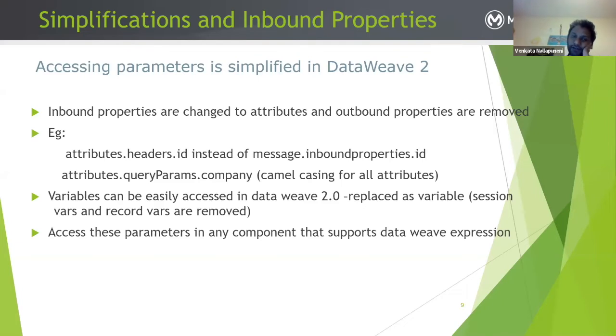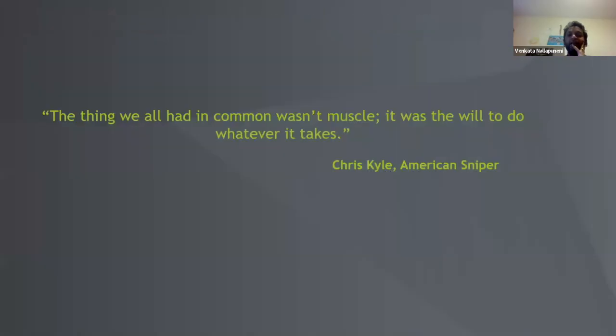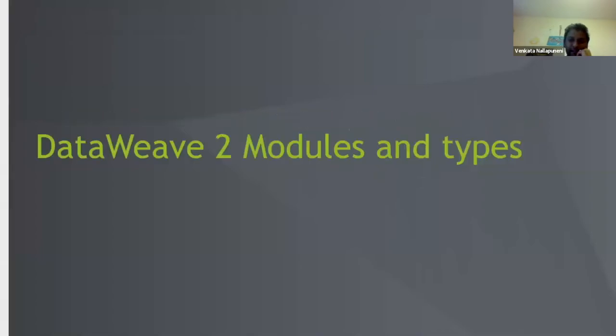DataWeave 2 has the capability to extract these attributes directly in DataWeave itself. Attributes, payload, or any other parameters, query parameters like that, we can extract them in DataWeave itself, like we have seen. We can actually do whatever it takes.